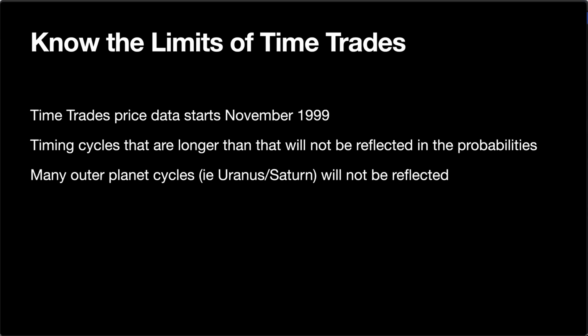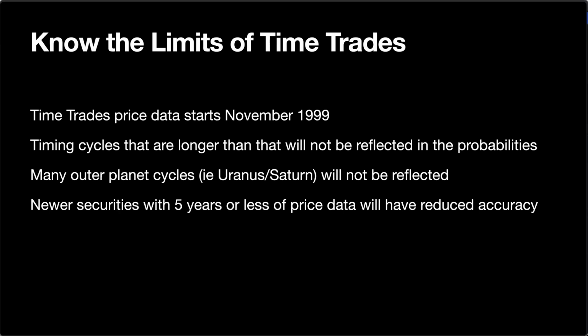We just don't have enough timing or price data to train the model to pick up on these longer cycles. Also, that means that any newer securities, could be a coin, could be a stock with 5 years or less of price data, will have reduced accuracy. So this is just something we need to live with.